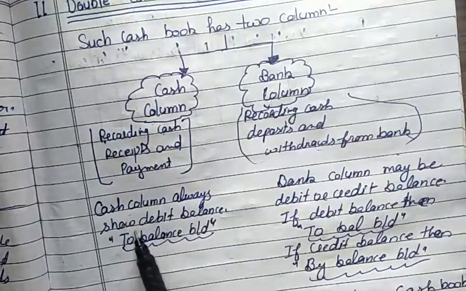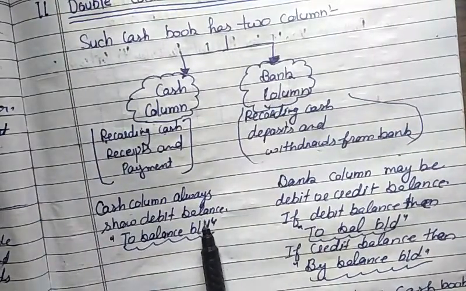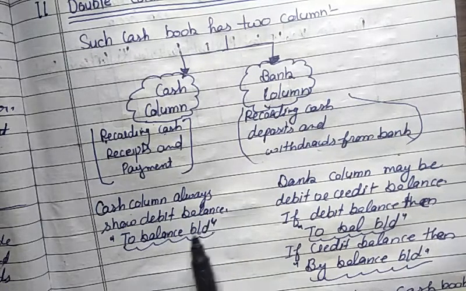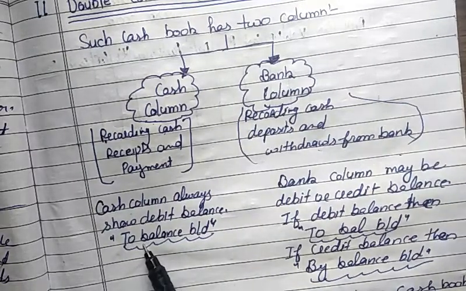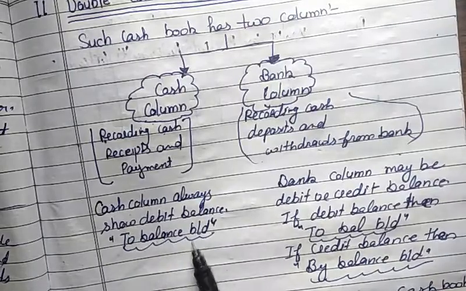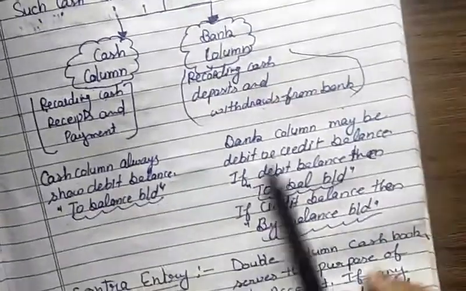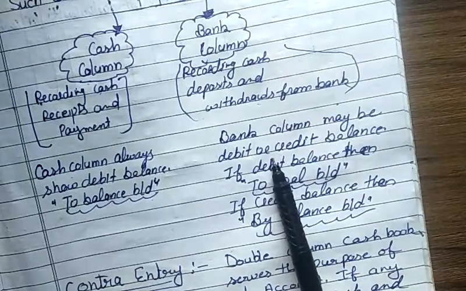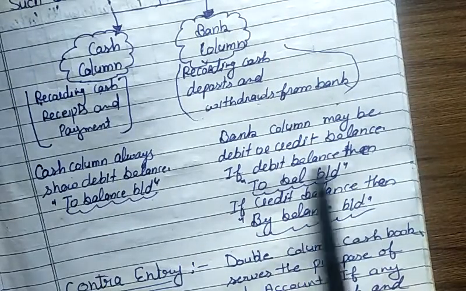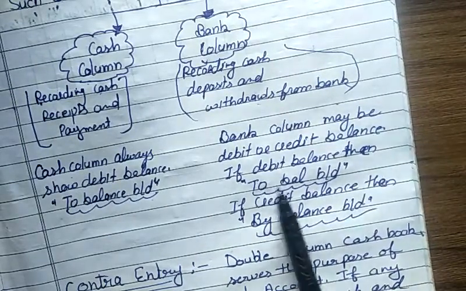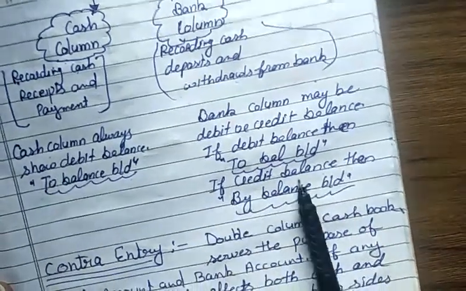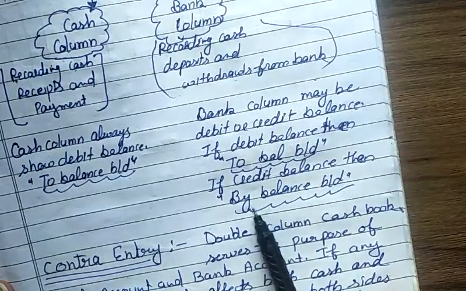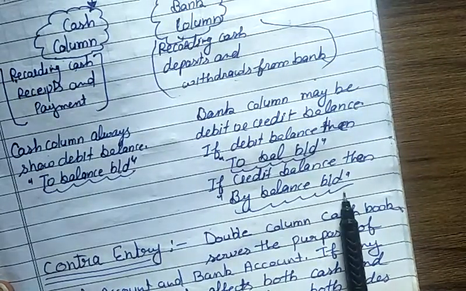The cash column always shows a debit balance, as I told you earlier, and when we prepare a cash book, we must first bring down the balance. We write "to balance brought down" on the debit side. But the bank column may have a debit or credit balance. If there is a debit balance, then we write "to balance brought down" and write the amount in the bank column. If there is a credit balance, then we write "by balance brought down" on the credit side.